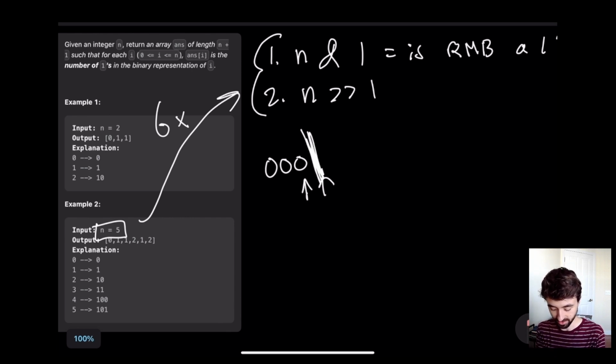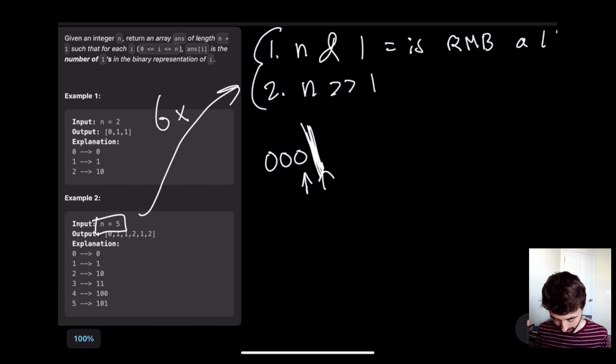And there's a better solution, because there's a really interesting trick that I think we can use here that'll allow us to solve this problem with dynamic programming plus bitwise operations. So let me show you what I mean.